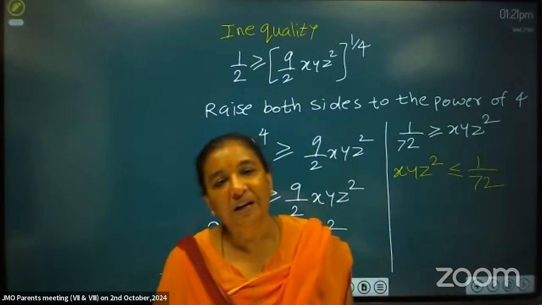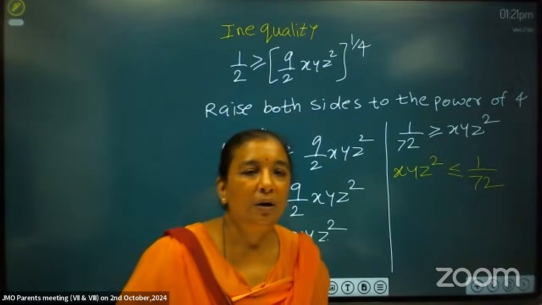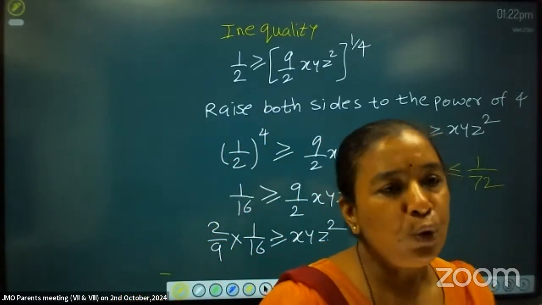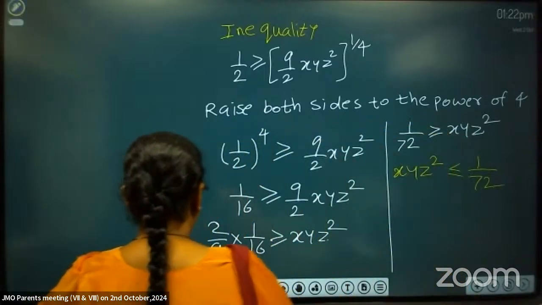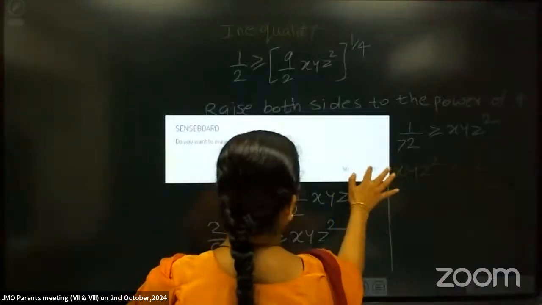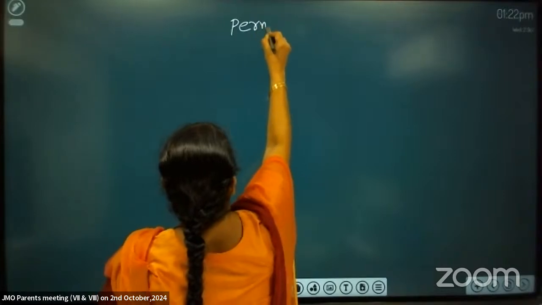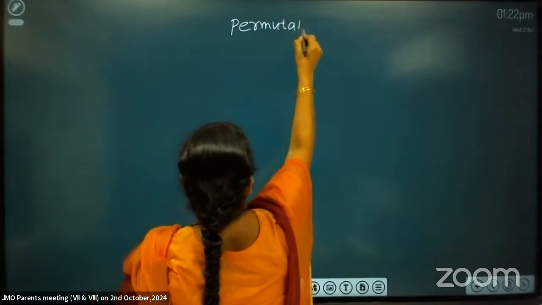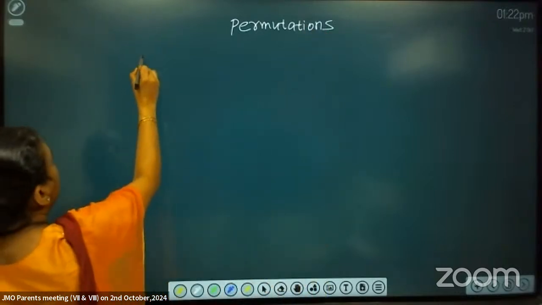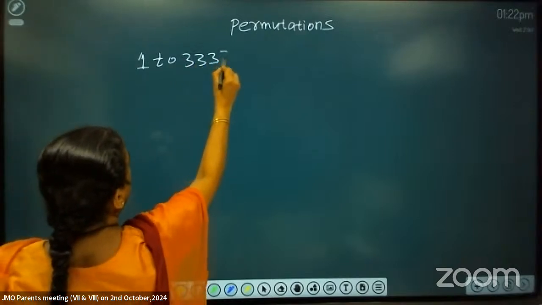I will discuss one more problem on permutations. And I think you can suggest me how you are going to go about it. Okay. So let's discuss one problem on permutations. Let's write down the numbers from 1 to 3,333.